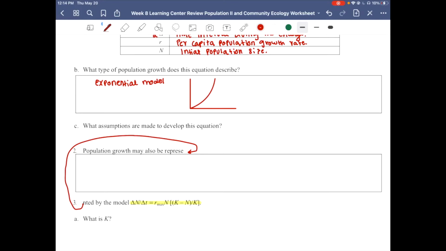Oh, also I forgot to mention what assumptions are made about this model: we're going to assume that there's unlimited space and resources.